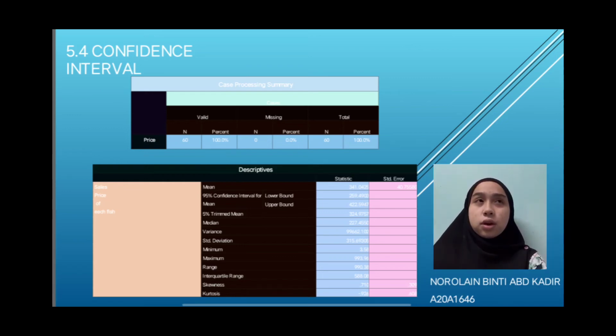Confidence interval. A confidence interval is a range of values within which the population parameter is supposed to exist. The 95% confidence interval can be related to the confidence level based on the SPSS result above. The lower and upper boundaries calculated by SPSS are 259.4703 and 422.5747 respectively.